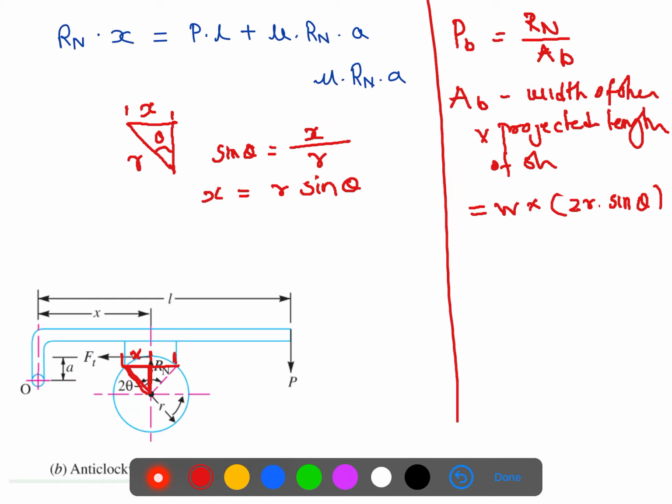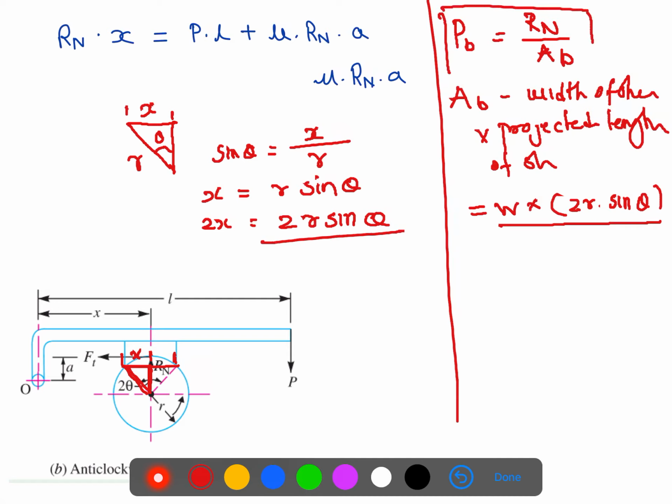That's why I can say total length is equal to 2x, that is 2 into R sine theta. That is what we have taken. AB is equal to W into 2R sine theta, right? So this is nothing but PB is equal to Rn divided by AB, where AB is equal to W into 2R sine theta. This PB is the bearing pressure on the shoes.